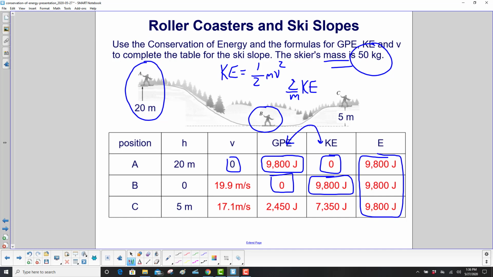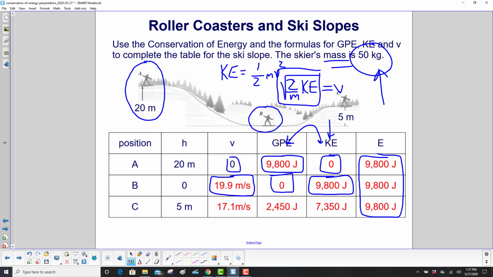And I'm going to skip a step and take the square root of both sides, so I get v on the right, and I have this term here. Probably should draw a square root sign. There we go. Square root of 2 over m KE. So here's our KE. Up here is our mass. Put the numbers in, and we can find at this point your velocity is 19.9 meters per second.